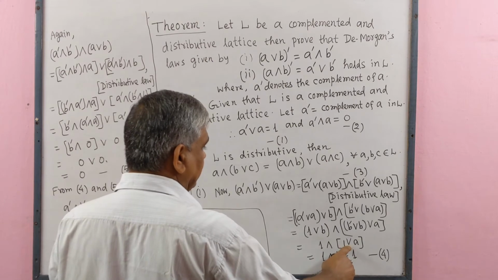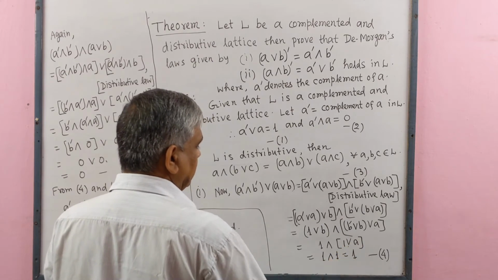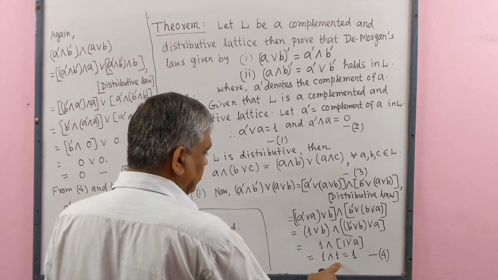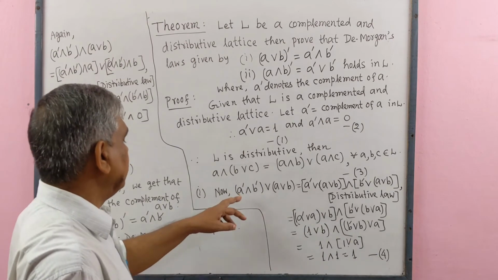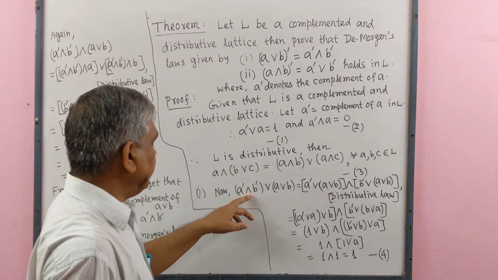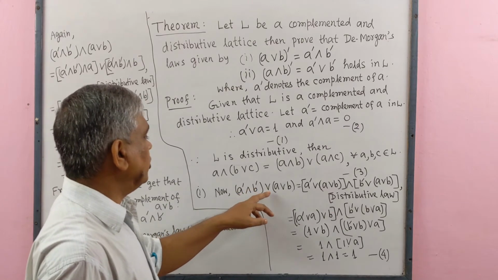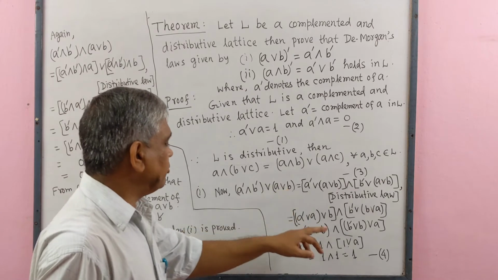Here 1 join A equals 1, 1 meet 1 equals 1. Therefore we get (A prime meet B prime) join (A join B) equals 1.